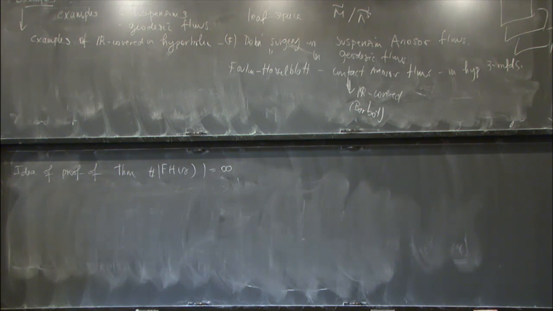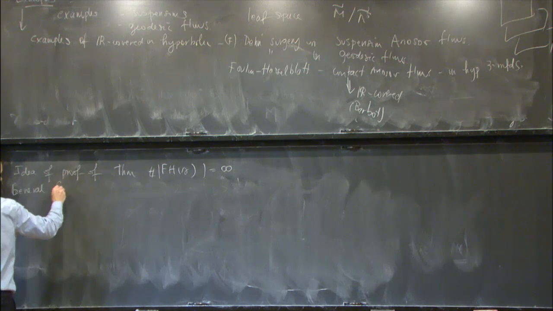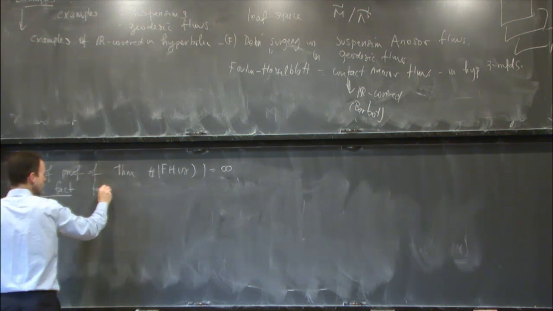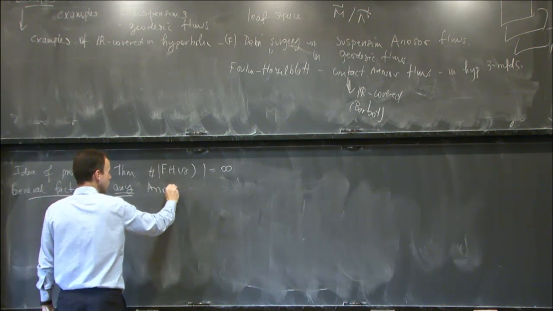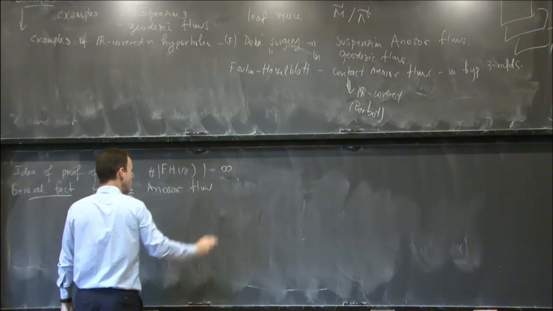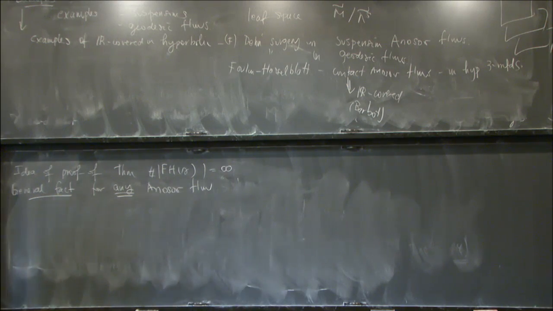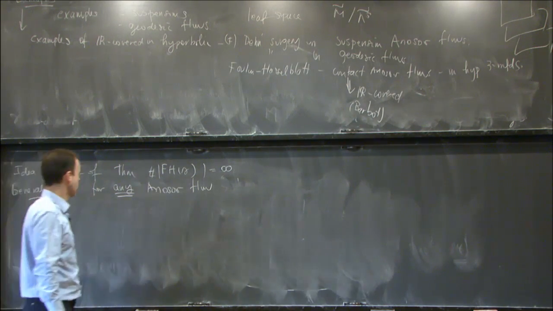And the argument is actually going to be done in the universal cover. Okay? All right, so here is a general fact. This is for any Anosov flow. Here's another leaf space here.